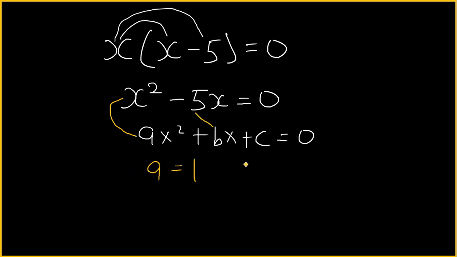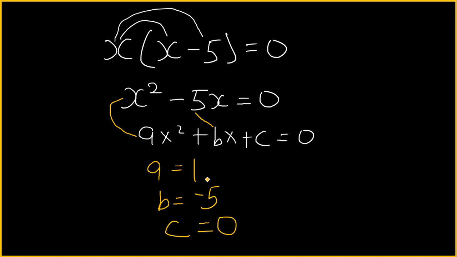Our b is the number negative 5. And for c, there is no number here, so c is 0. So the equation x squared minus 5x equals 0 is also a quadratic equation since it obeys the general equation.